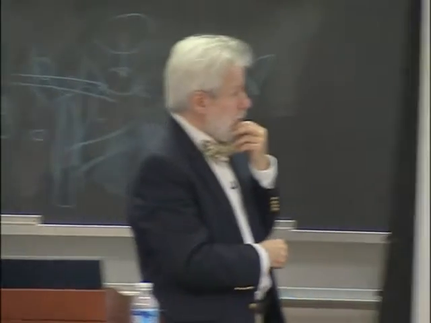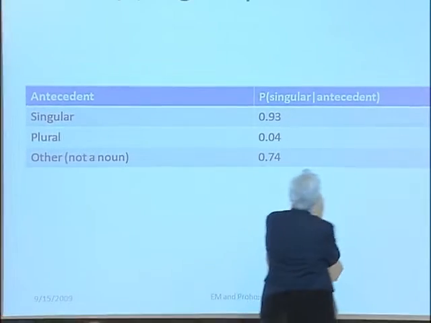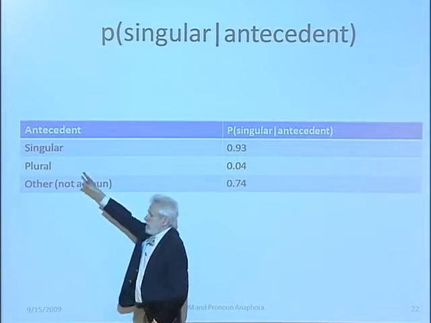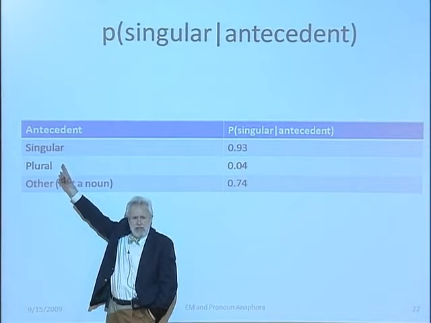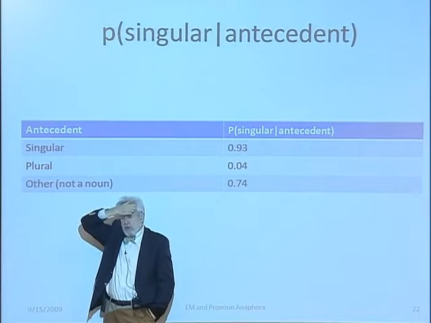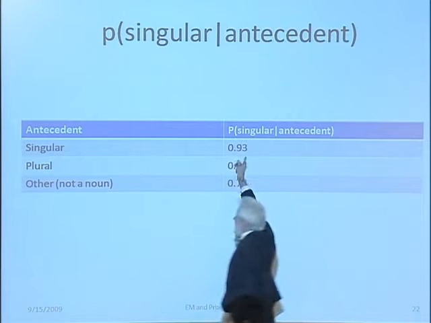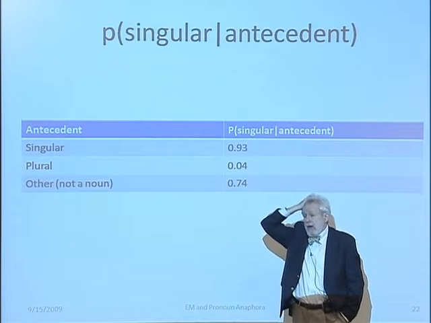So for example, if we have an antecedent that is singular, what's the probability that a pronoun which has that as an antecedent will be singular? Well, in fact, it's probably pretty close to 1. Well, we get 0.93. EM doesn't get it quite right. Notice it the other way, by the way.